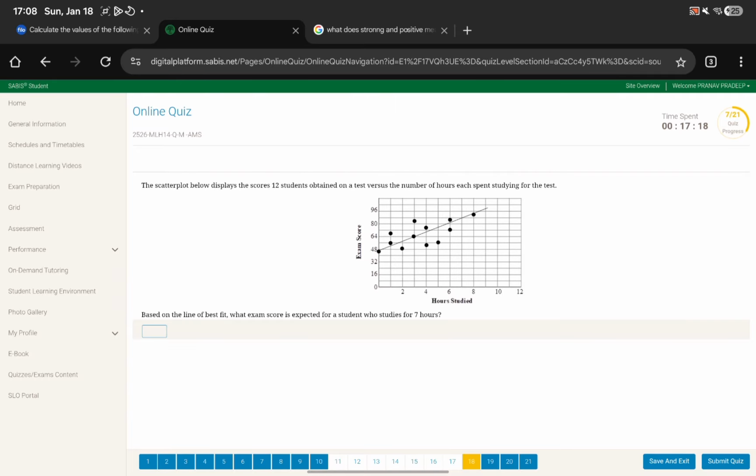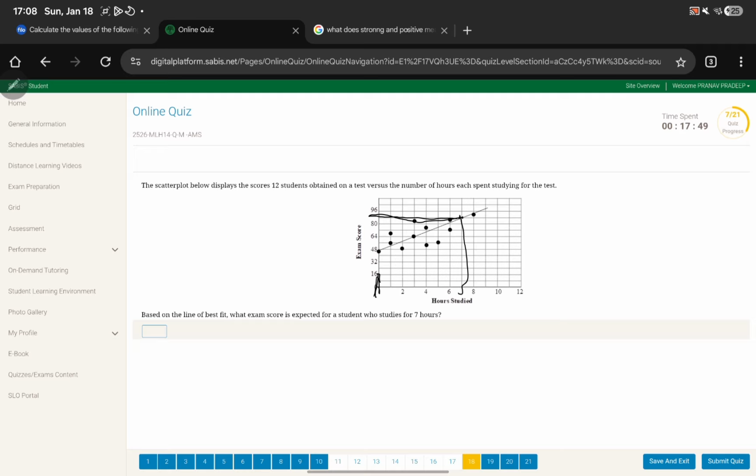Here the scatter plot below displays the scores 12 students obtained. Okay, here, what exam score is expected for a student who studies for 7 hours? Oh yeah, this is just easy. Just do this and get the value. We know that every thing is 16, right?